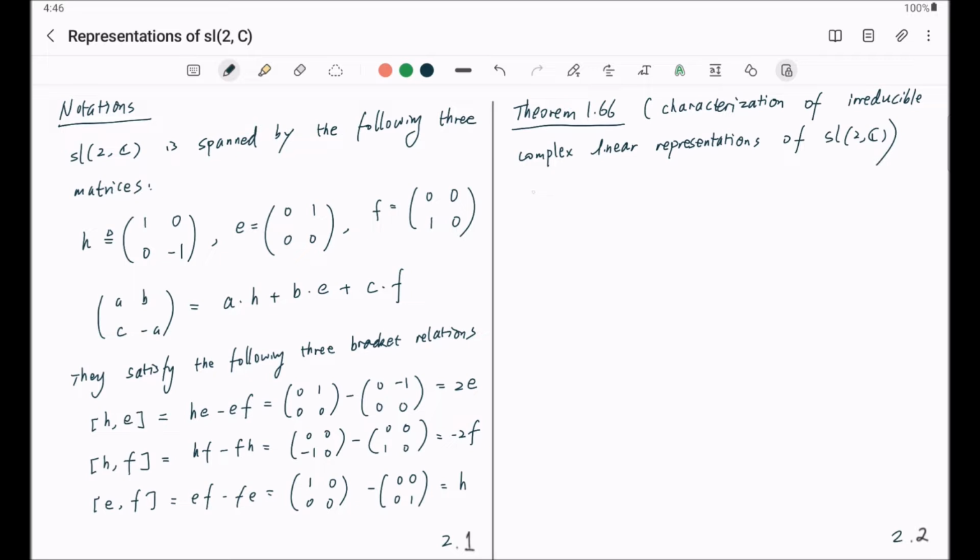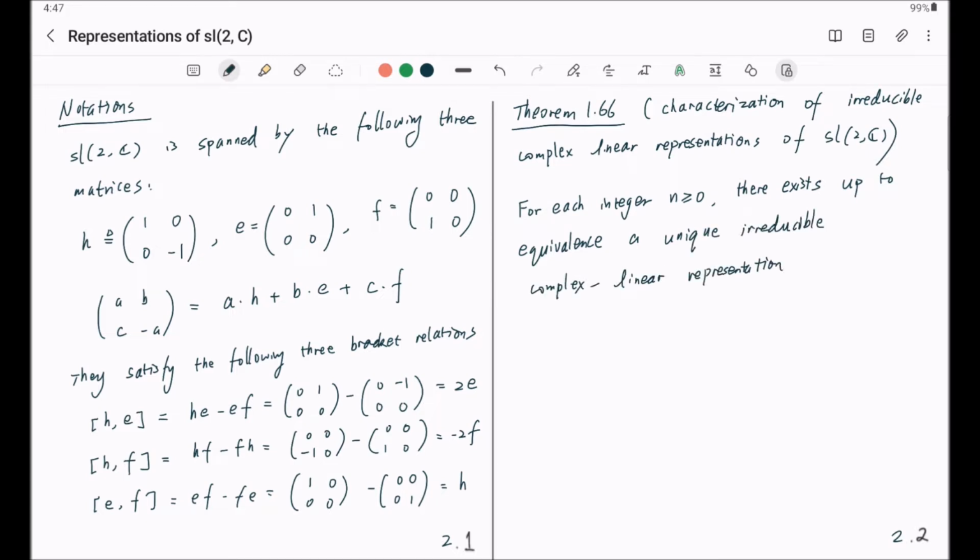For each integer n greater or equal to 0, there exists, up to equivalence, a unique irreducible complex linear representation pi of little SL2C on a complex vector space V of dimension n plus 1.